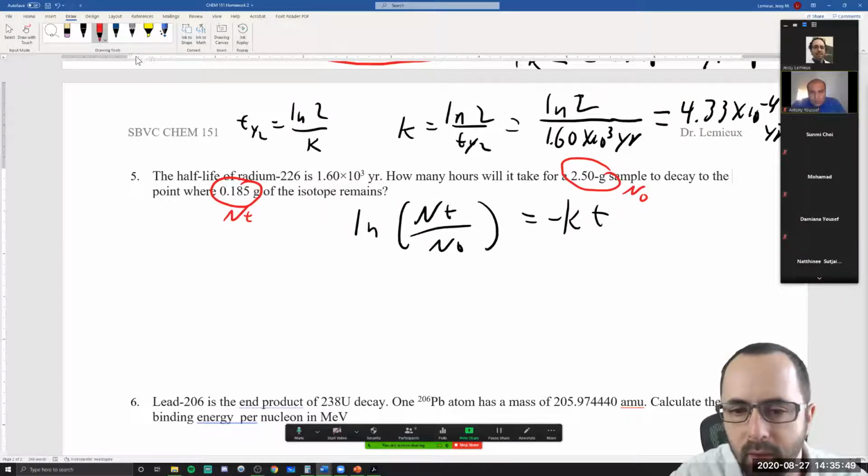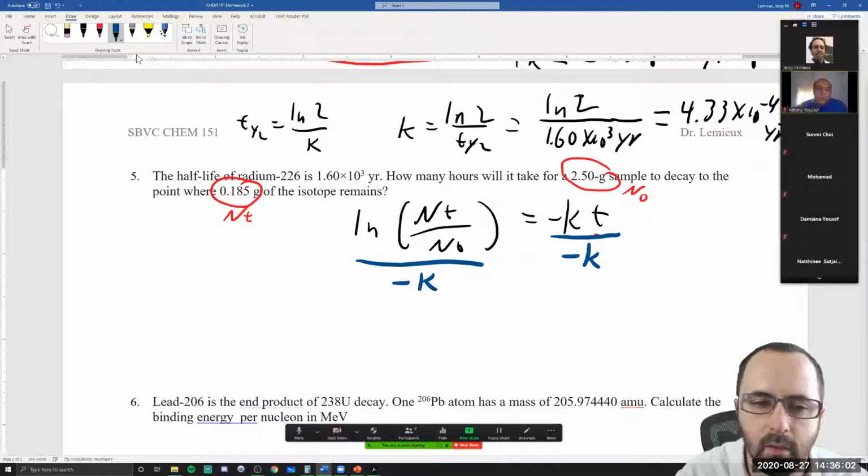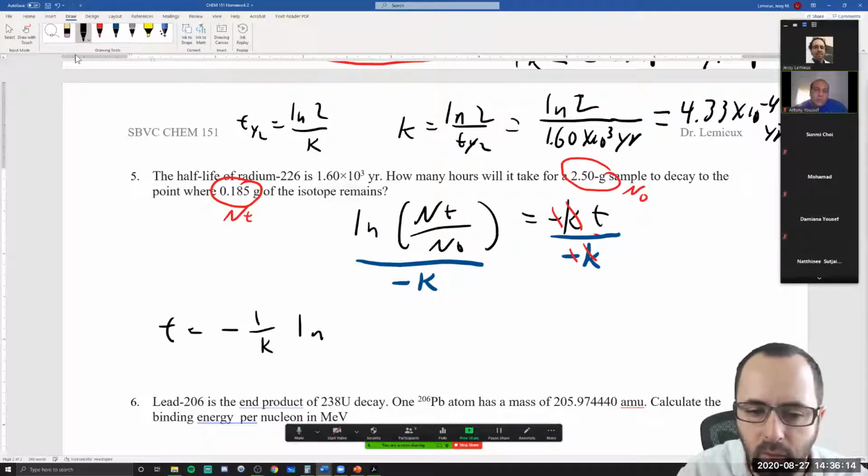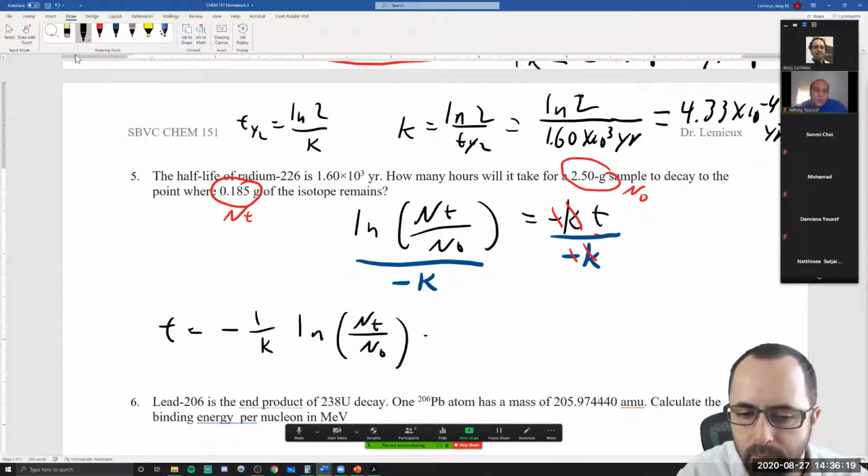And what we want is how many hours. So what we want to figure out is the time. So to get the time, we're going to have to divide both sides by -K. So the negative cancels, the K cancels, and we get the time equals -1 over K times the natural log of NT over N0.